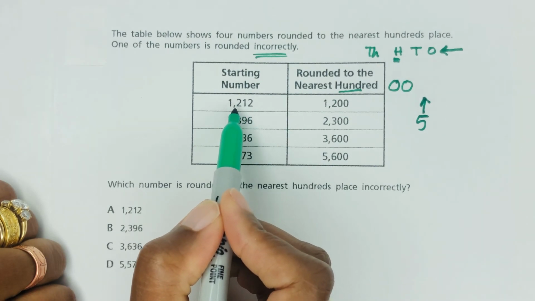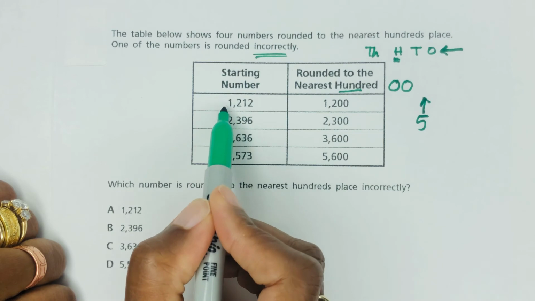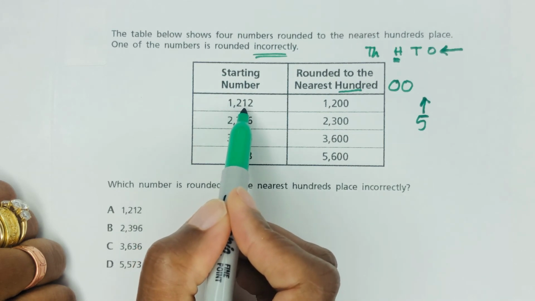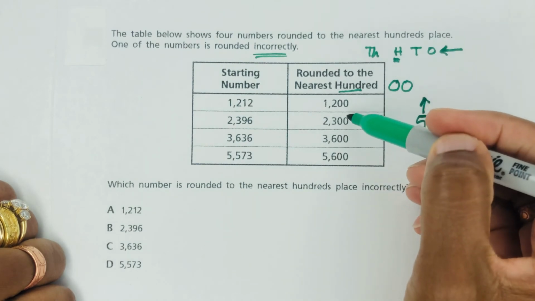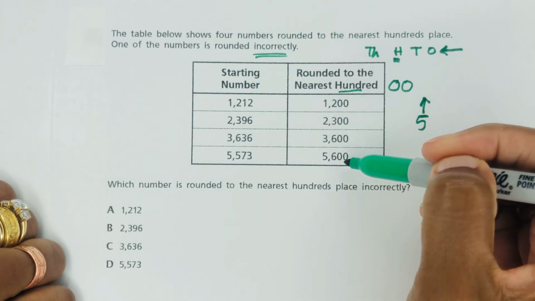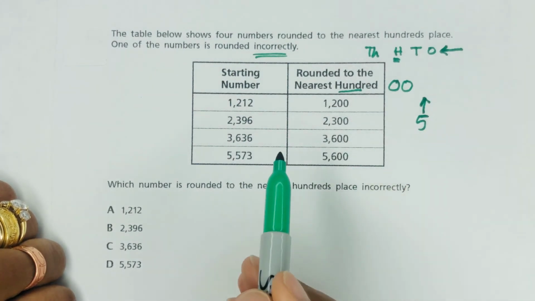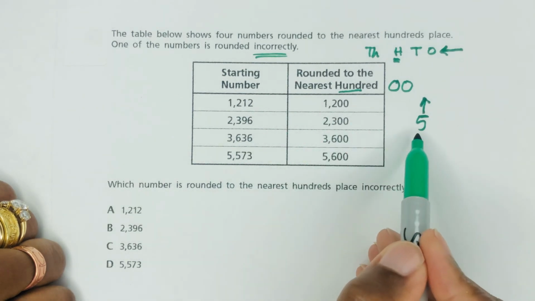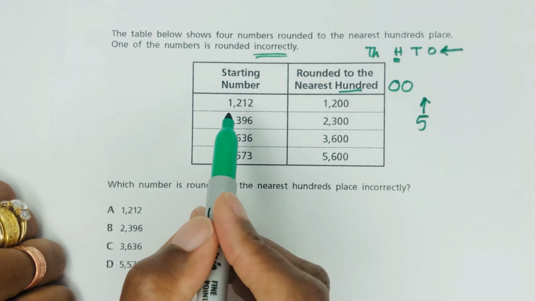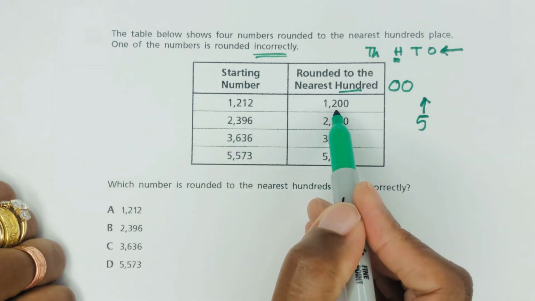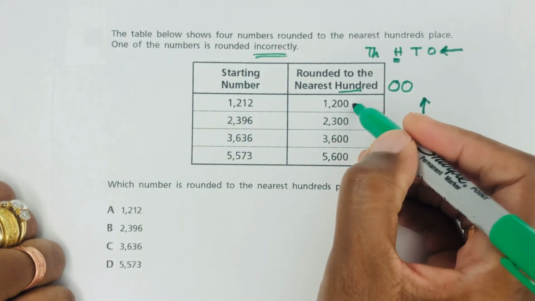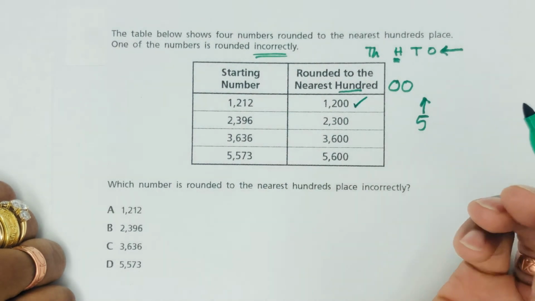So this 2 stays the same, which would give the answer as 1, 2, 0, 0. So remember I said all your answers end in 0. So we can see they all end in 2 zeros, but it's the hundreds place that we're looking to see if it's shoved or not, right? So this answer is 1200. So that one's fine. That's not incorrect.